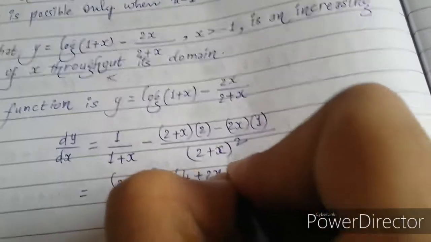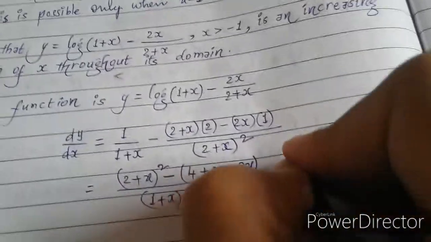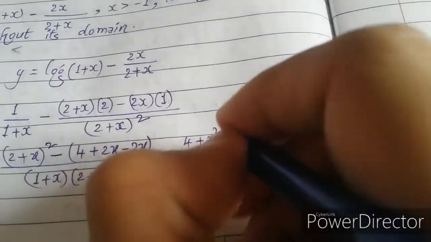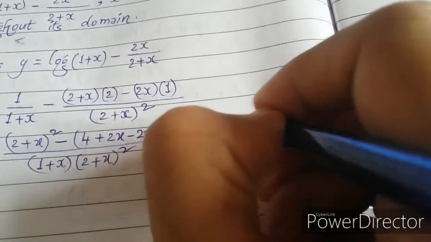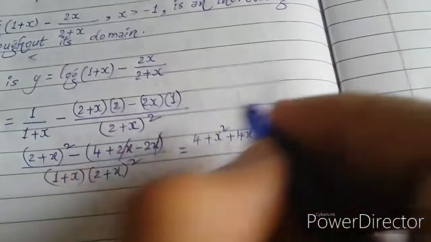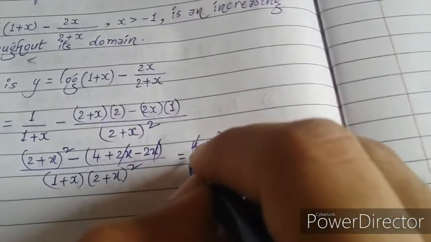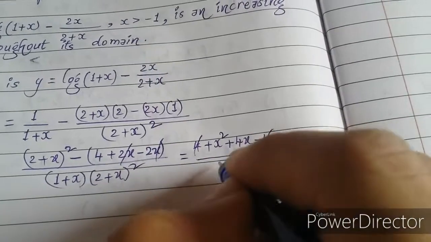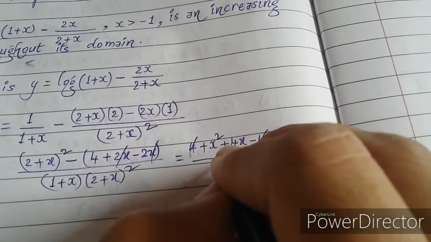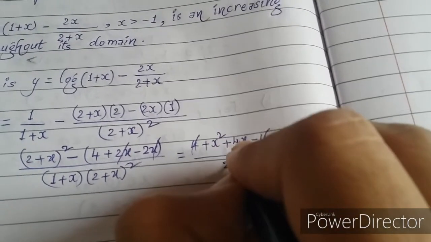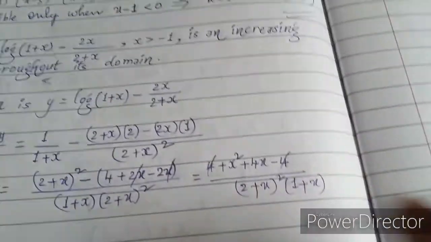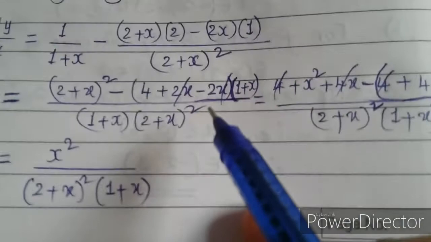4 plus 2x minus 2x. So this is equal to 4 plus x square plus 4x minus 4, divided by this.